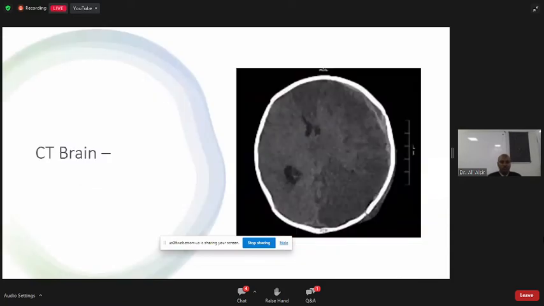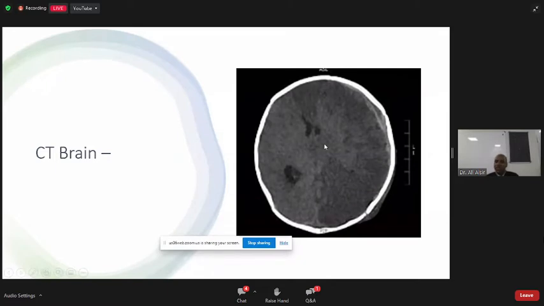And this is the CT brain, and you have to have some knowledge about how to interpret the CT brain, especially in an emergency setting, because sometimes you might be the only doctor in the emergency department and you need to decide, and time is brain, because any delay might lead to further complications.